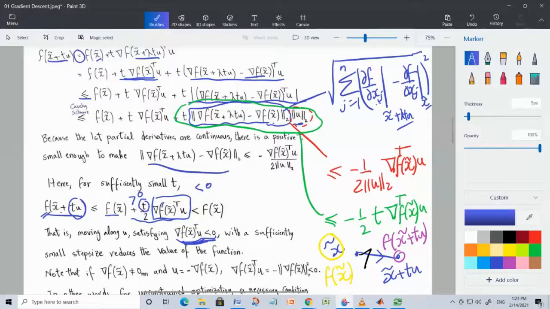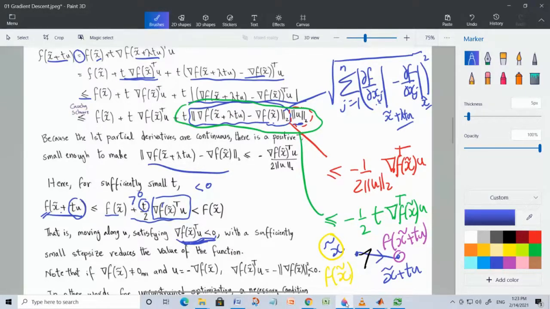So this seems like a very useful idea for optimization, because suppose that you are minimizing a function, and suppose that this function is a C1 function. If you initialize at some point in the n-dimensional space, and at that point you can find the vector u, then you can move in the direction of u with a small enough step, and reach a new point at which the function is lower than at x tilde.